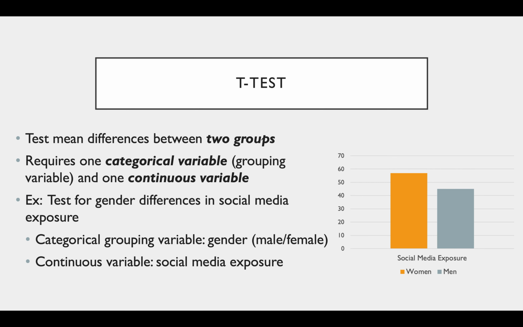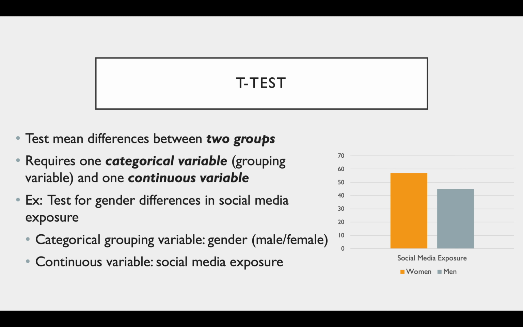T-tests are moving away from the realm of continuous variables and into the realm of categorical variables. T-tests simply test any kind of differences between two different groups, so you have to have a categorical variable to separate your groups.